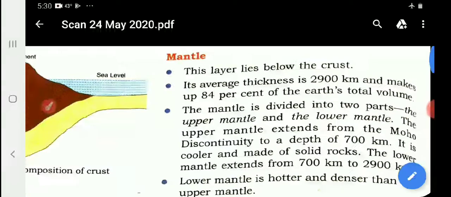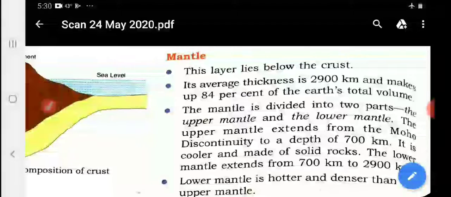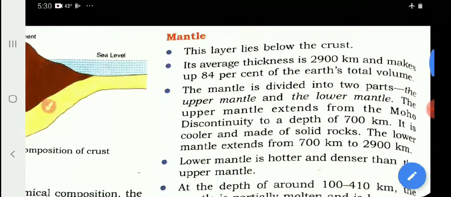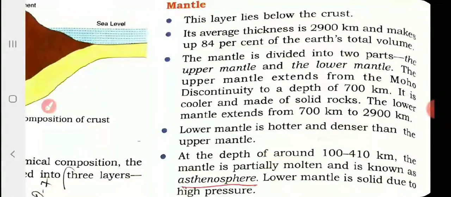That is mantle. Its average thickness is 2,900 kilometers and it makes up 84% of the Earth's total volume. Out of the total Earth's volume of 100, 84% is made up of mantle.